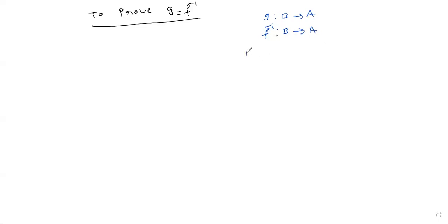Therefore, let B belong to B. Since F inverse from B to A is a function, you can write F inverse of B is A, where A belongs to A. If F inverse of B is equal to A, then you can write it as F of A is B.